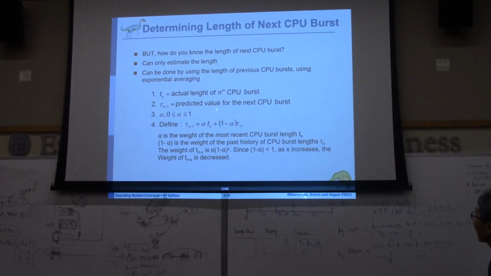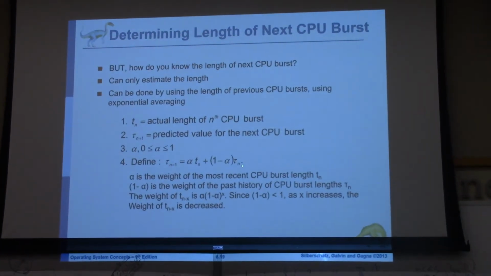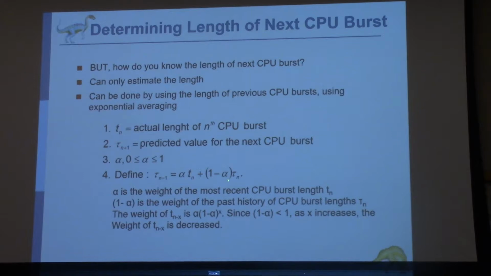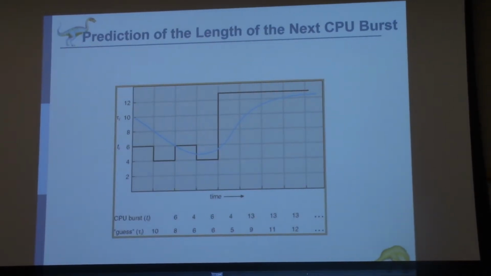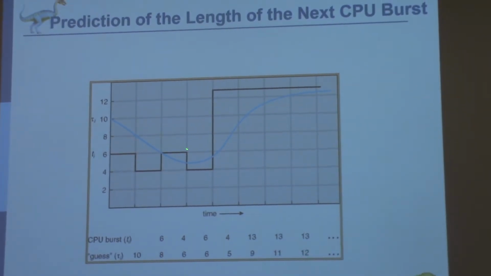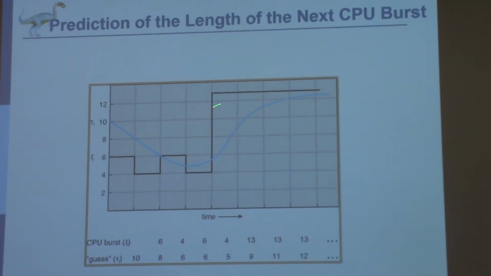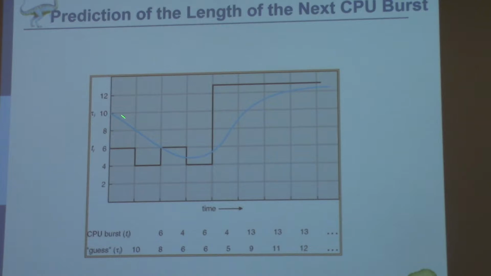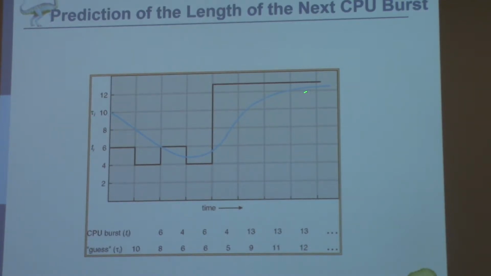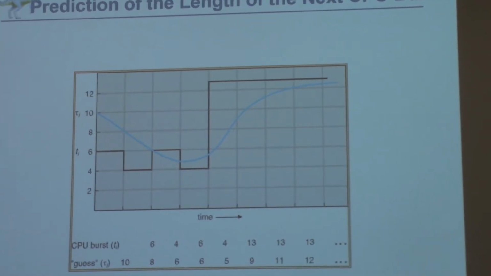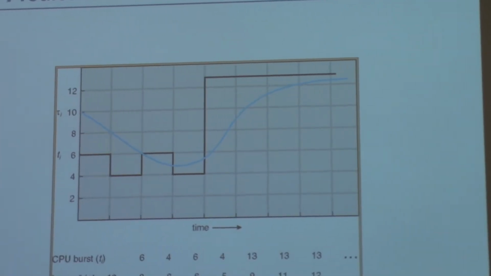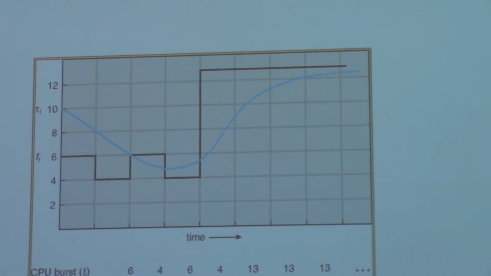It's not very complicated. We adjust from the previous data. The black line is the prediction, and this is the real CPU burst time. We can reasonably predict. Nowadays, more complicated algorithms are used.